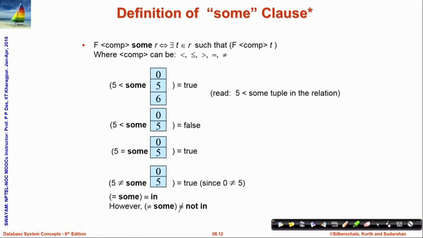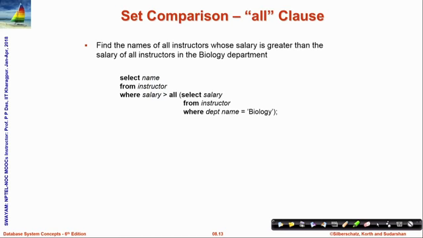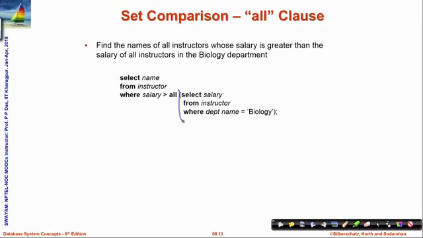The logic of the some clause I have detailed out here, so we will not go through each one of them in this discussion. I leave it to you to study and convince yourself that you understand the semantics of some. Similarly, we have an all clause. If we want to find the names of all instructors whose salary is greater than the salary of all instructors in the biology department, in place of some we will write all, and every salary will be checked against the whole set of salaries in this subquery.